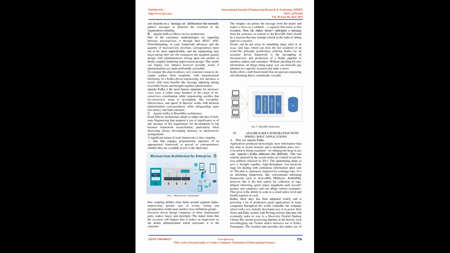It is a messaging system, similar to traditional messaging systems such as ActiveMQ, MQ Series, RabbitMQ. However, this is the best option for collection of logs, persistent messaging, fast, many megabytes per second, reads and writes, and can accommodate multiple clients. This gives it the ability to scale to a cloud-native level and handle requests at scale.